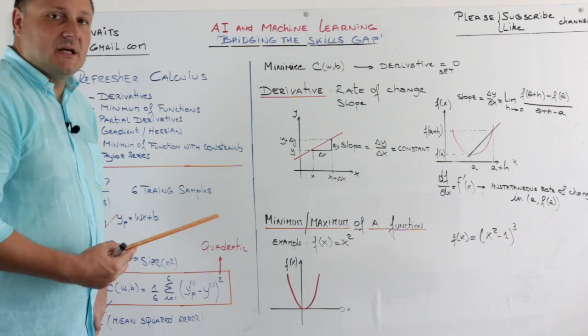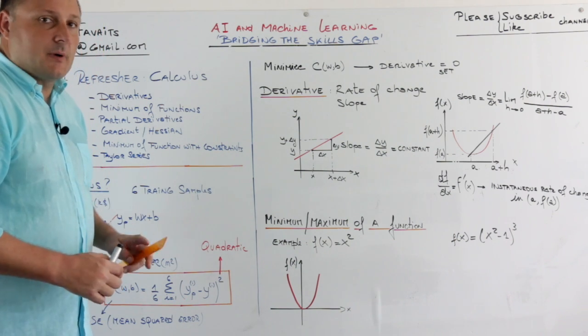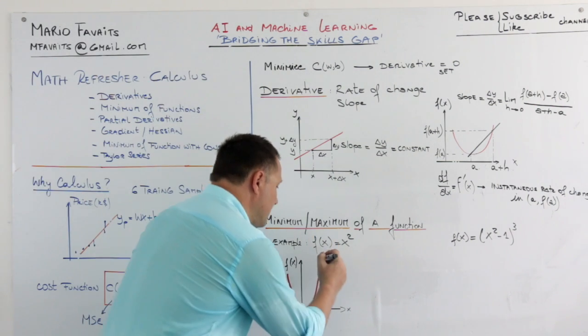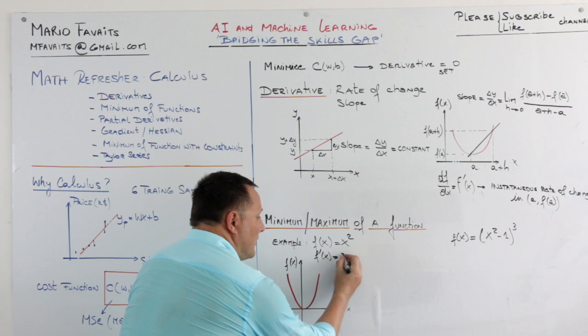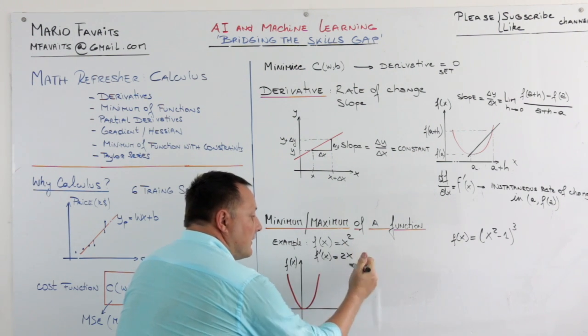Now how do we find a minimum? Finding a minimum of a function is quite easy. You take the derivative and you set it to 0. For example here, f prime of x, the derivative, is 2x. The 2 moves to the front and I deduct 1 here.